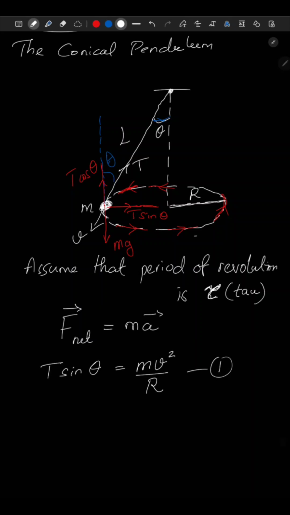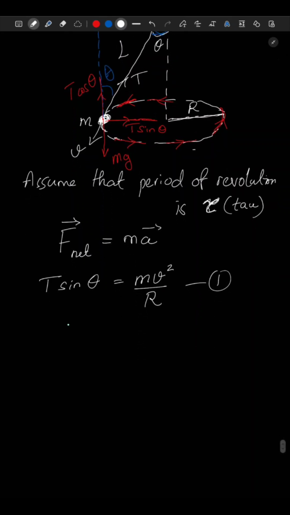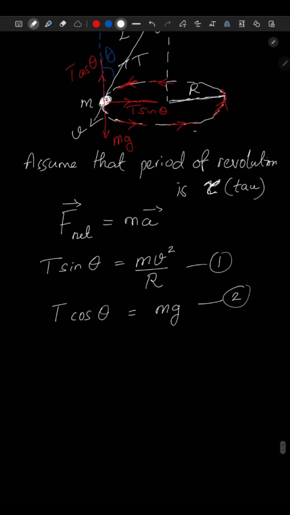So using this, we can say that the forces balance each other. The vertical force T cos theta is equal to the weight of the object. So we have a second equation, and therefore we can now calculate the angle theta.